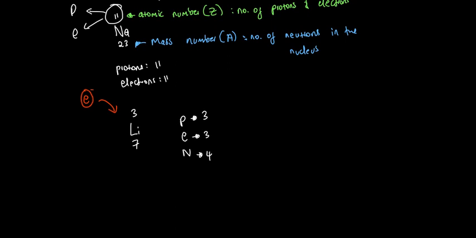What would happen if you were to add another electron to an atom of lithium? If you do that, we usually indicate it with a minus. Why are we going to say minus?